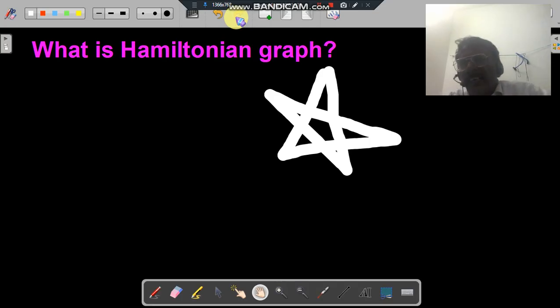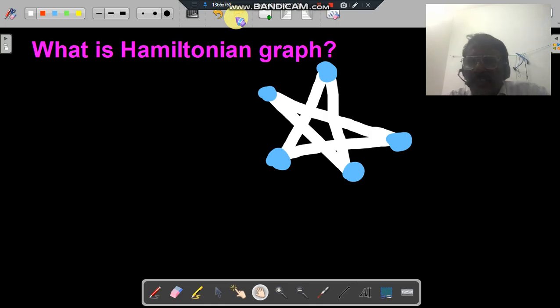This is a graph, definitely, because it consists of vertices as well as edges. Now look at that.